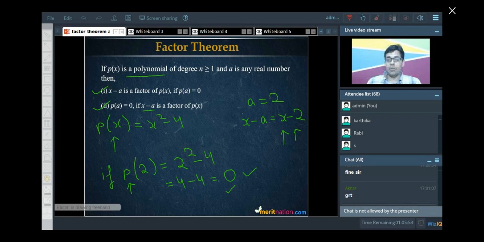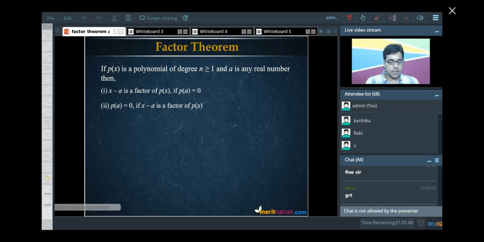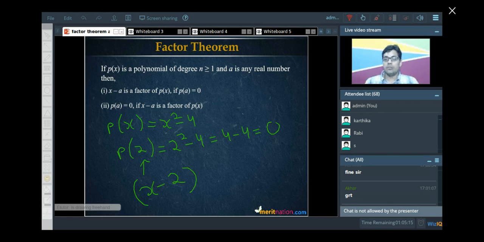Or if p(2) is becoming 0, for example, the polynomial is p(x) equals x square minus 4, then let's find where it becomes 0. p(2) is 2 square minus 4, that is 4 minus 4, which is 0. So p(2) is becoming 0, therefore we can say x minus 2 is a factor. The two statements are just the converse of each other.